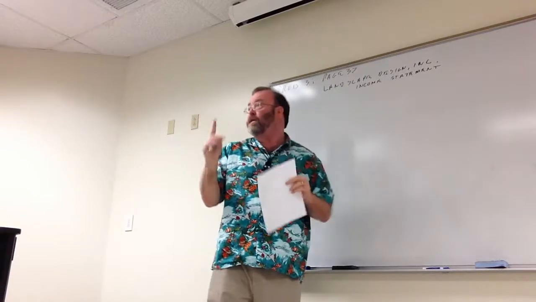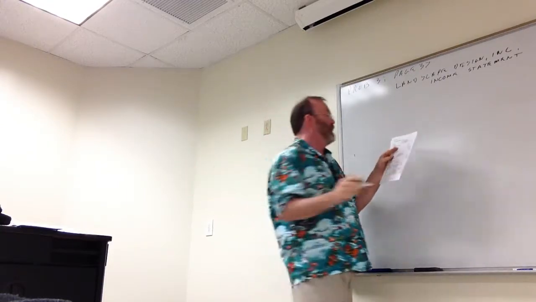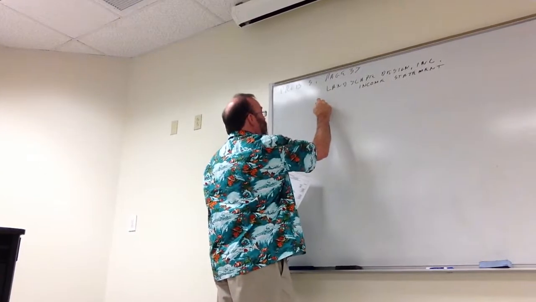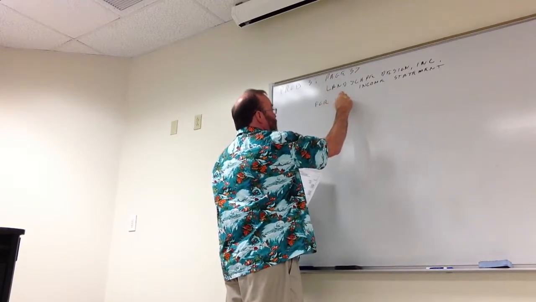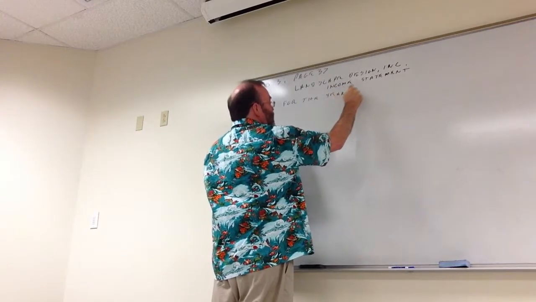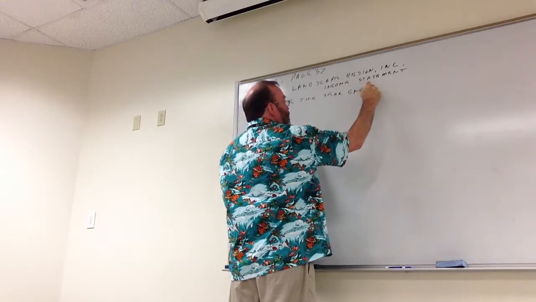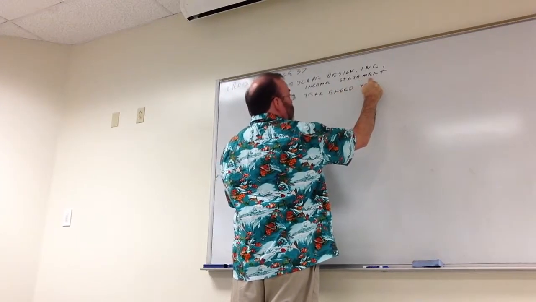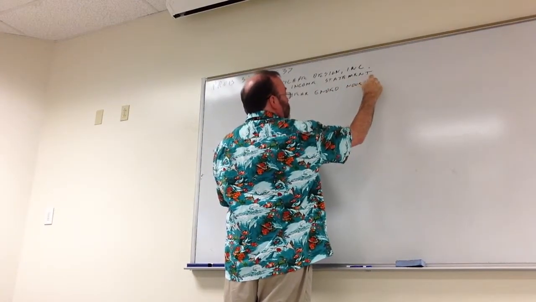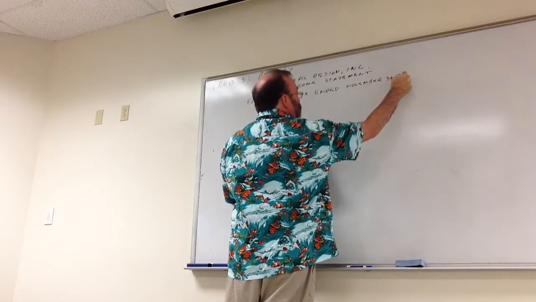Now, both the income statement and the statement of retained earnings, as I mentioned on Monday, measure activity. So it is for the year ended, in this case November 30, 2011.